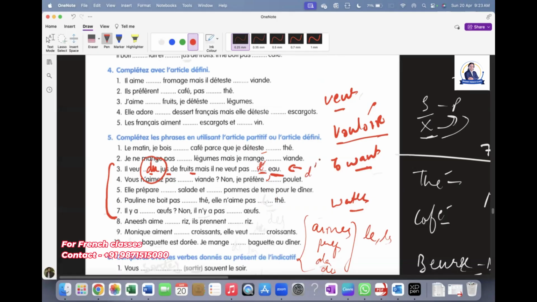Yes. So, Kuhu, I need the answer from you: why D apostrophe? Because when you see the list of partitive articles, it should be DU, DE L apostrophe, DES, or DE LA. D apostrophe is nowhere in this. Why?